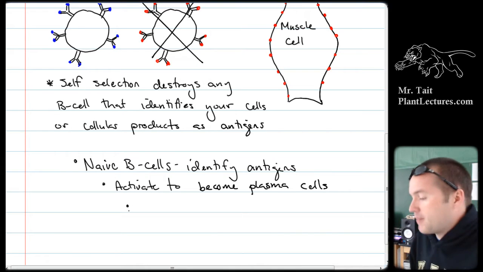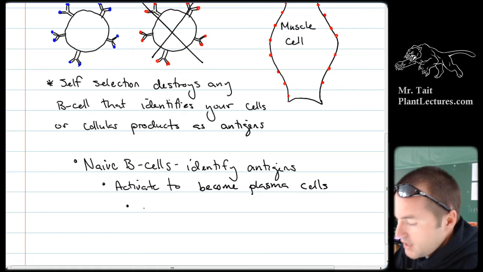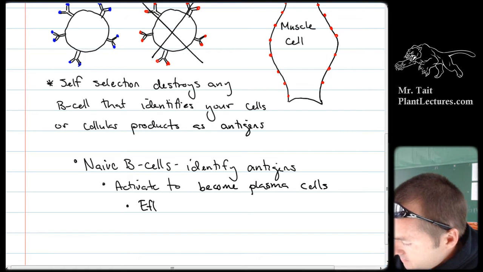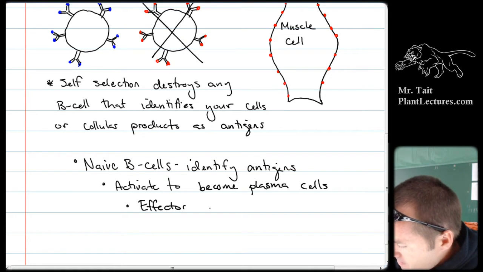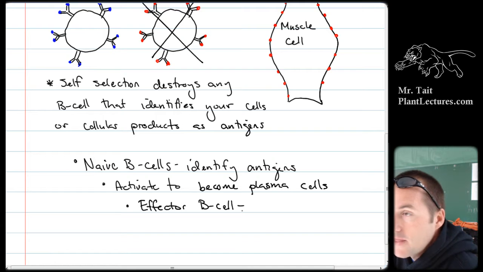And when they become active and become plasma cells, they can divide into 2 different types. A type called an effector B cell. And the effector B cell's job is to produce antibodies that are the same as the antibodies on its surface.